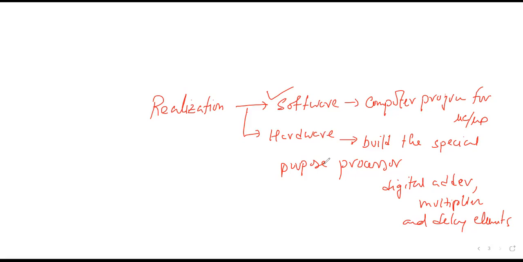Whether you're going for software or hardware, we can go for any one of them, but we have to have that realization or block diagram realization. And once you have the block diagram realization, the rest of the implementation becomes just a procedure.